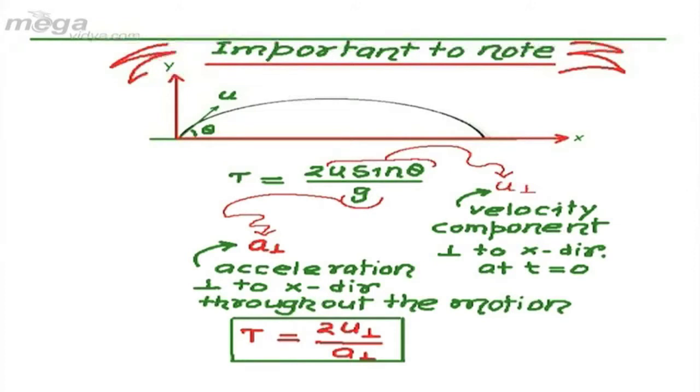Remember, here u sine theta, I have written it u perpendicular, and g is the a perpendicular, meaning perpendicular to the plane over which this projectile had been thrown.